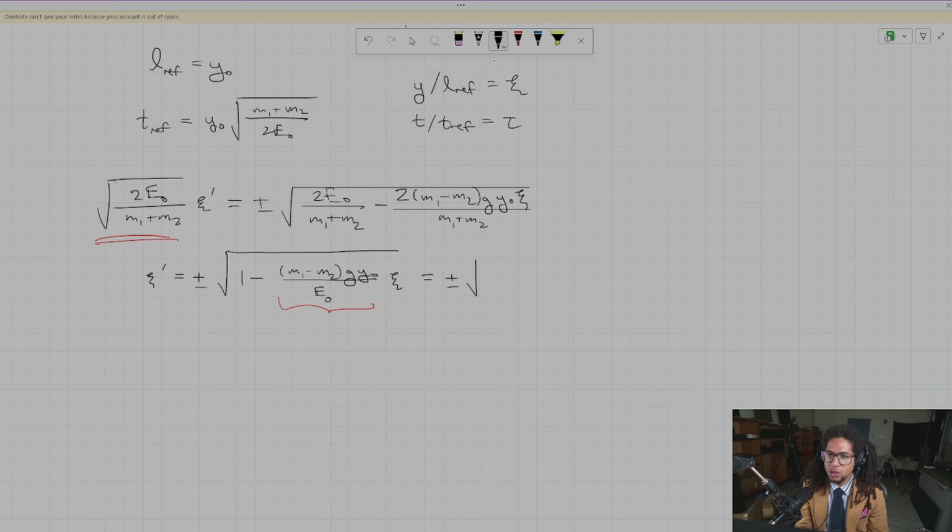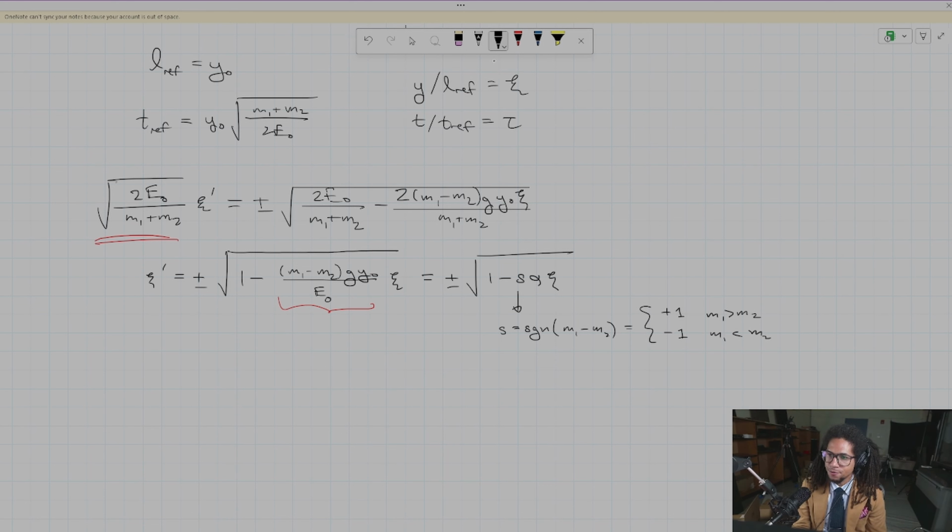I'll say plus or minus the square root of 1 minus s alpha c, where s is equal to the sign function, signum function sometimes, of m1 minus m2, which is plus 1 if m1 is greater than m2, and is minus 1 if m1 is less than m2, such that this can tell me whether or not m1 minus m2 is positive or negative.